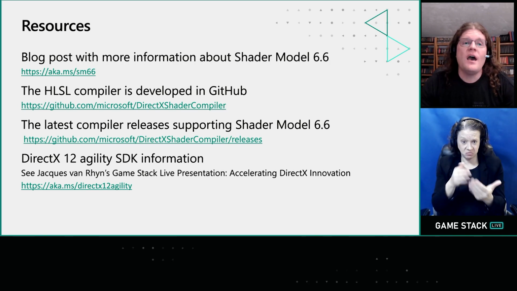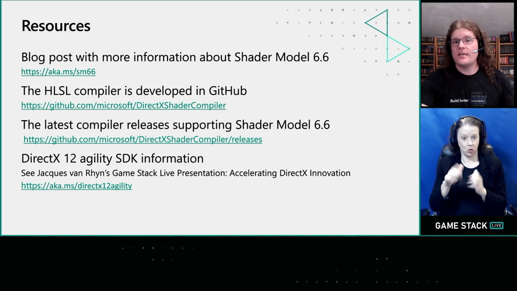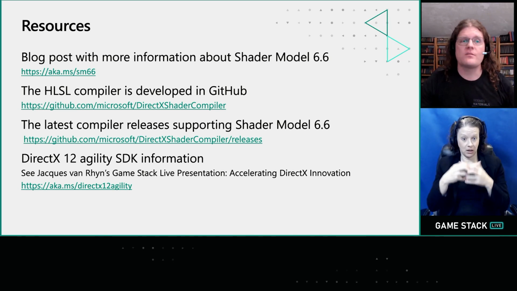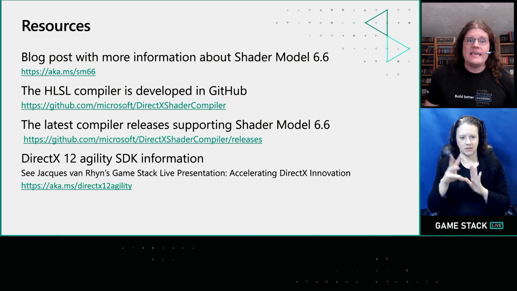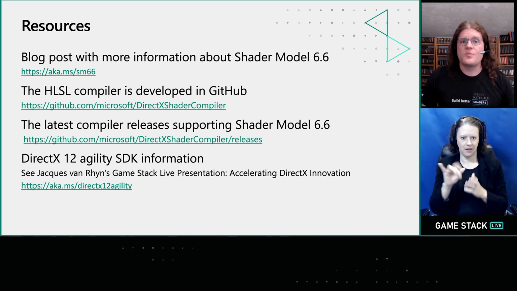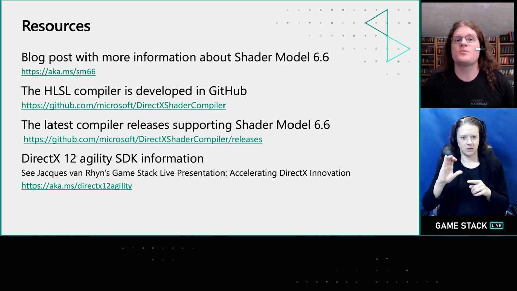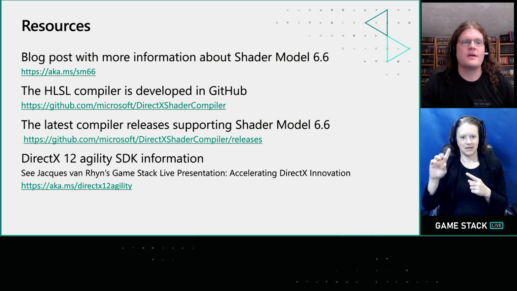It's all right there. And there as well, you can get the latest release. You will need to get this release in order to run Shader Model 6.6. The other thing you're going to need for Shader Model 6.6 is the latest SDK. And this is detailed in Jacques' presentation here in GameStack as well, which I encourage you to watch. It's all about the Agility SDK. And here again is a link to the blog post that accompanies that.